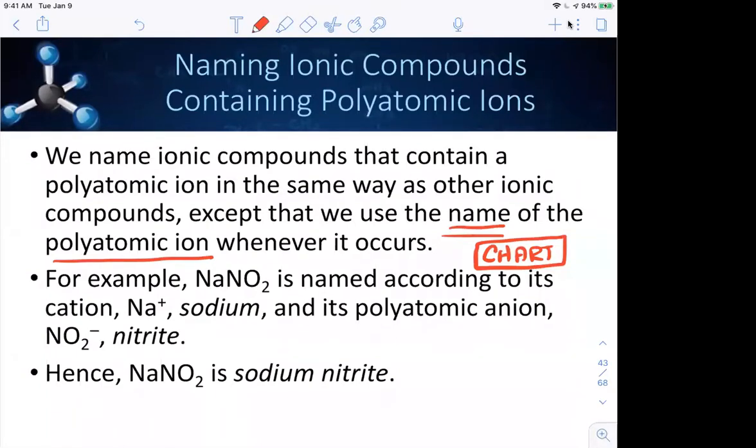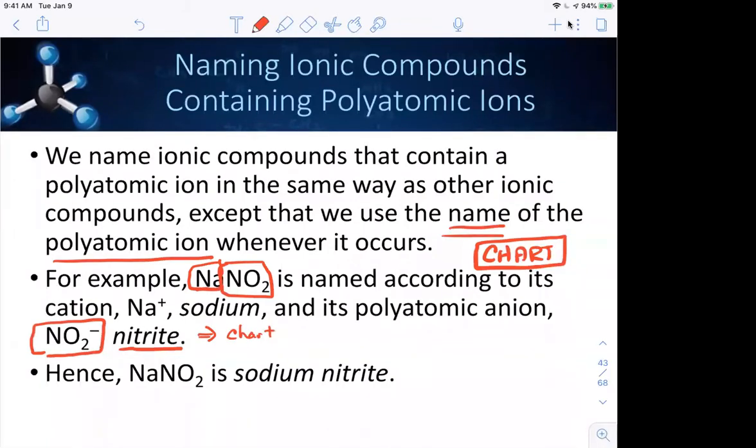So for example, in this formula, I have the cation and I have the anion. The anion has 2 nonmetals bonded together. This NO2 minus is the polyatomic anion, and it's called nitrite. I know this because I'm getting it off of my chart.